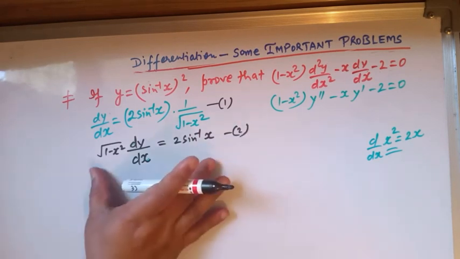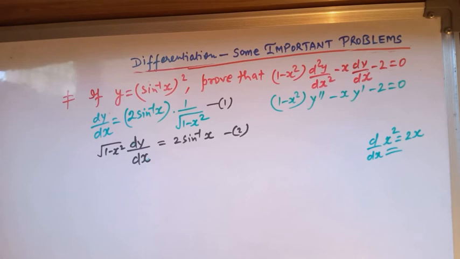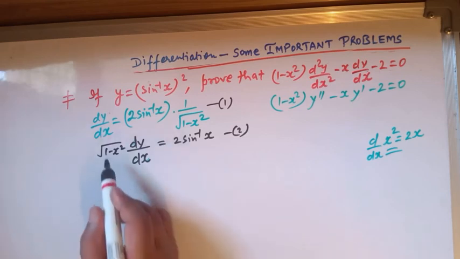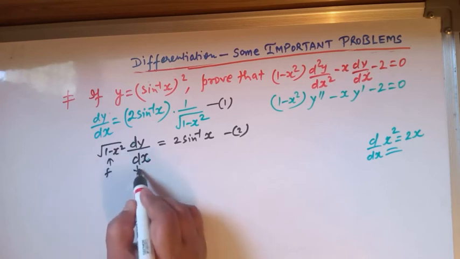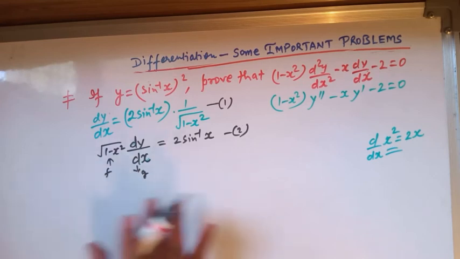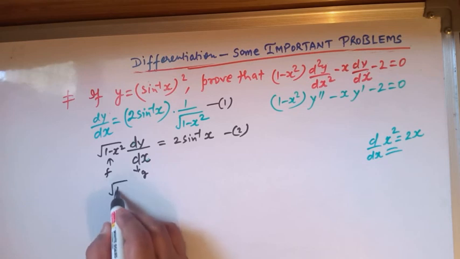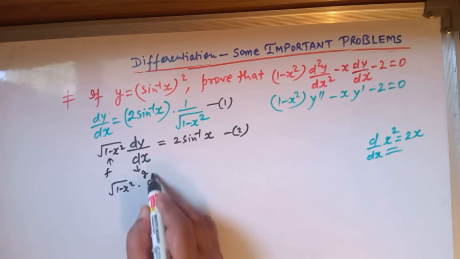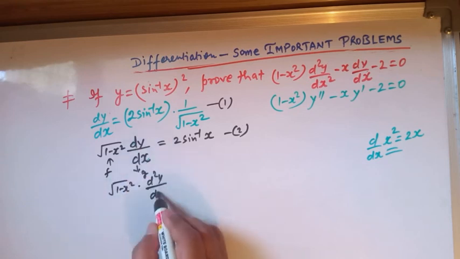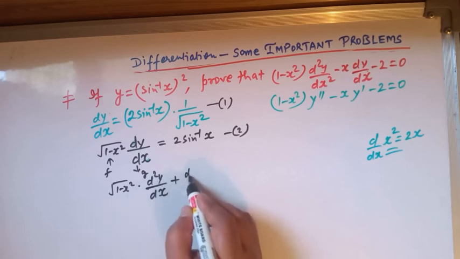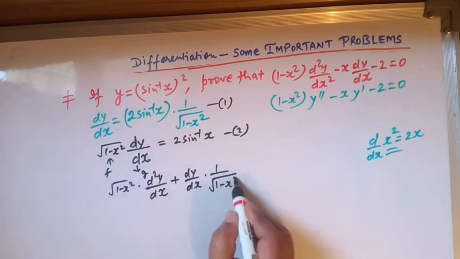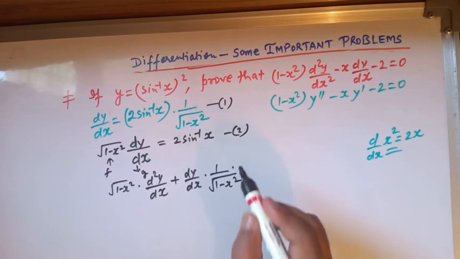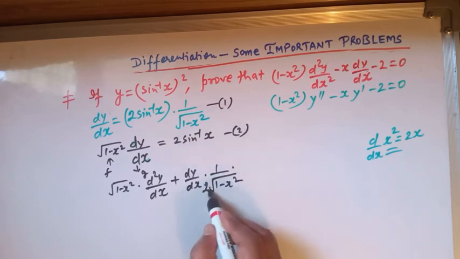Now we differentiate both sides with respect to x. So what we will get here, again we will take this as first function, this as second function, as we have done in previous example. So this is square root of 1 minus x square, derivative of dy by dx is this, plus dy over dx, second function, derivative of first function is 1 over square root of 1 minus x square, multiplied, sorry, here it is half.